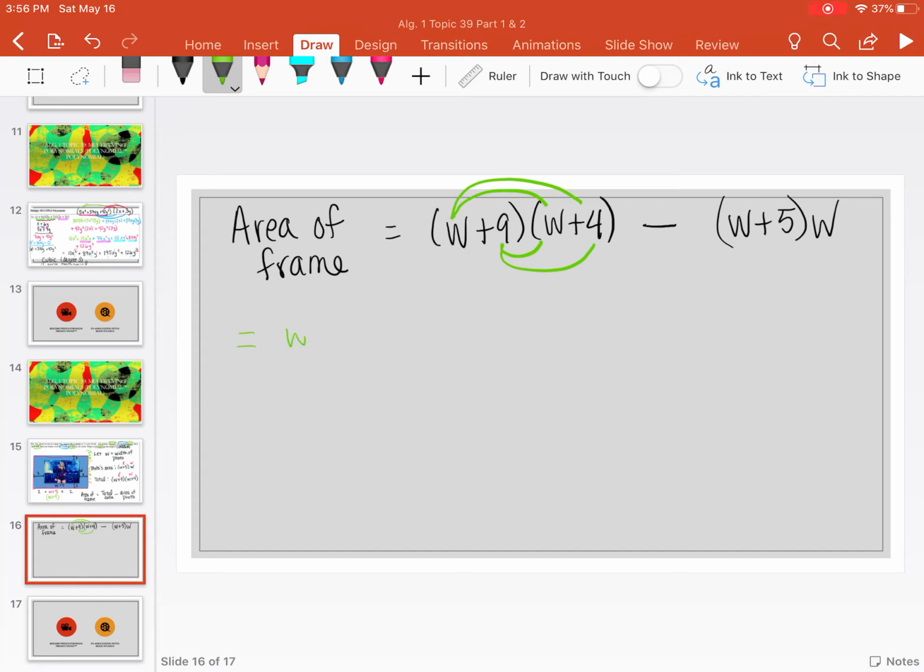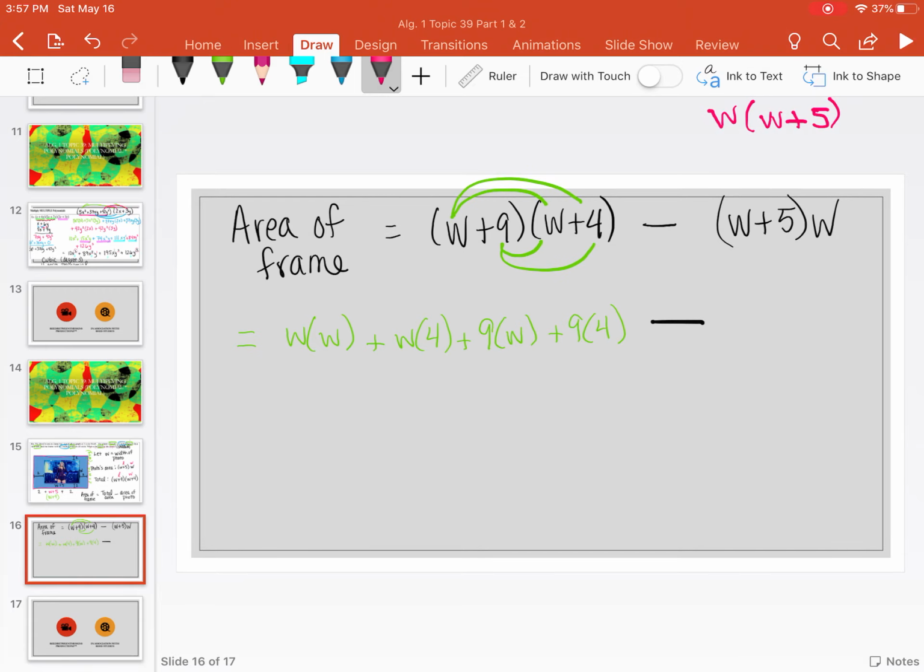So this is equivalent to W times W plus W times 4 plus 9 times W plus 9 times 4, minus, now on this side, remember, since multiplication is commutative, this W plus 5 times W is the same thing as W times W plus 5. So all we're going to do is just use the distributive property. We get W times W plus 5 times W. And again, since we're subtracting, we're going to subtract this entire quantity.